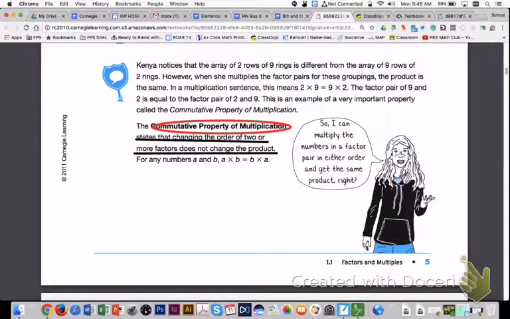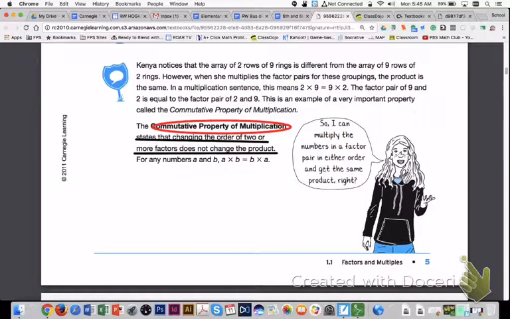Kenya notices that the array of 2 rows of 9 rings is different from the array of 9 rows of 2 rings. However, when she multiplies the factor pairs for these groupings, the product is the same. In a multiplication sentence, this means 2 times 9 is equal to 9 times 2. The factor pair of 9 and 2 is equal to the factor pair of 2 and 9.